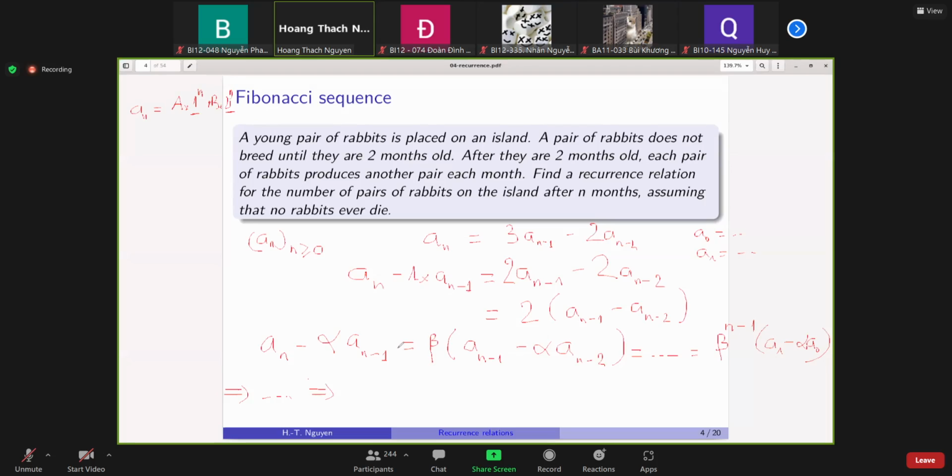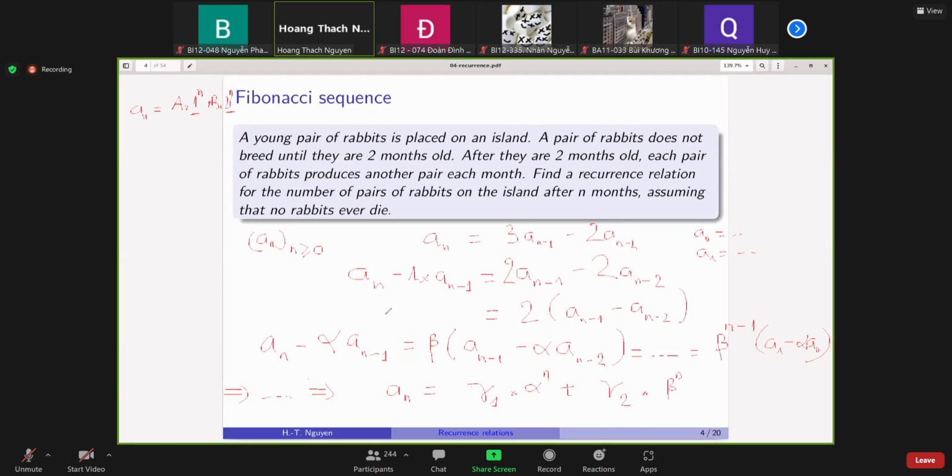But for the general public, the important thing that you have to remember is that if you manage to write it like this, then the general term of the sequence will be, we have some constants, let's say gamma 1 times alpha to the power n plus gamma 2 times beta to the power n.